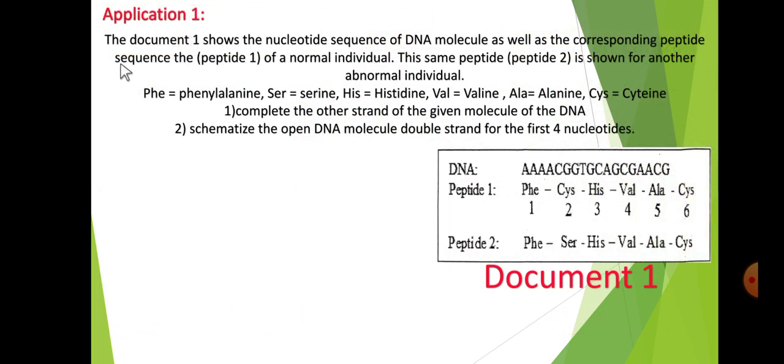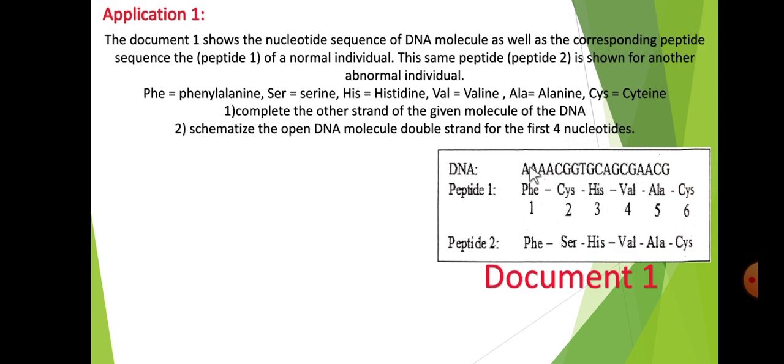Application 1. The document 1 shows the nucleotide sequence of the DNA molecule as well as the corresponding peptide sequence, the peptide 1 of the normal individual. The same peptide, peptide 2, is shown for another abnormal individual.